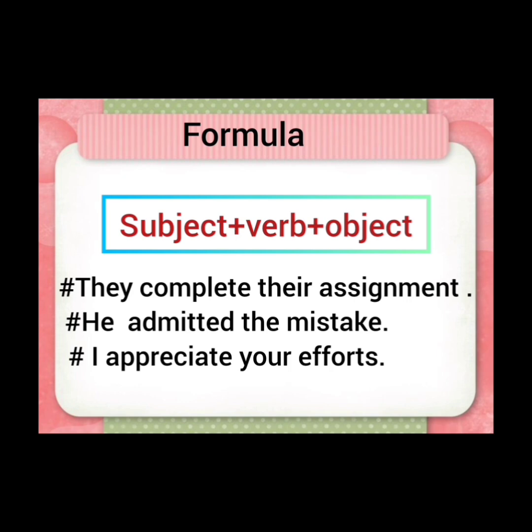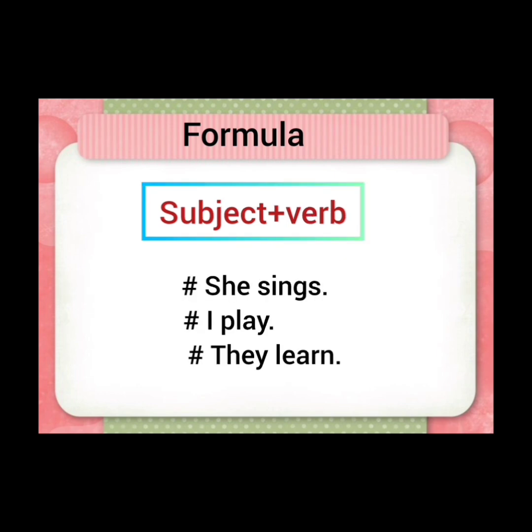For example, they complete their assignment. He admitted the mistake. I appreciate your efforts. In all these clauses, a subject, verb and object combination is there. Independent clauses can also contain just a subject and verb. For example, she sings, I play, they learn.